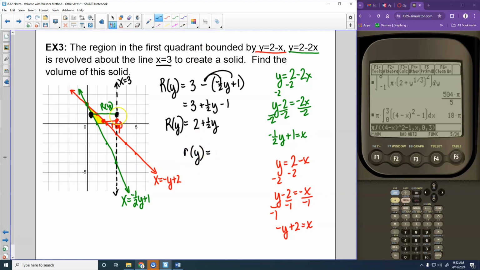What is furthest to the right on that line? X equals 3, so we're going to put the 3. What is furthest to the left on that line? Negative y plus 2. So we got minus negative y plus 2. And that will be 3 plus y minus 2. And we can just write our lowercase r of y as 1 plus y.